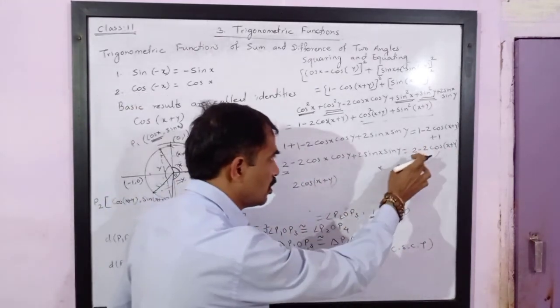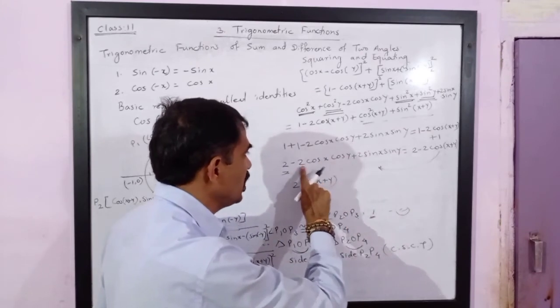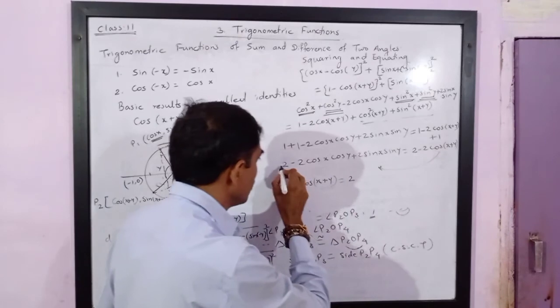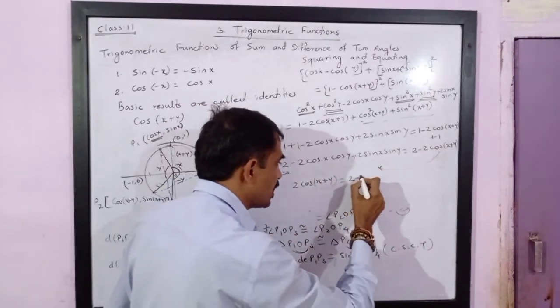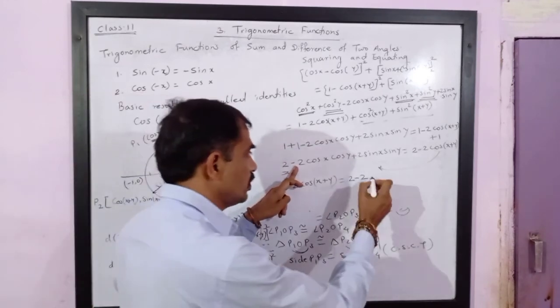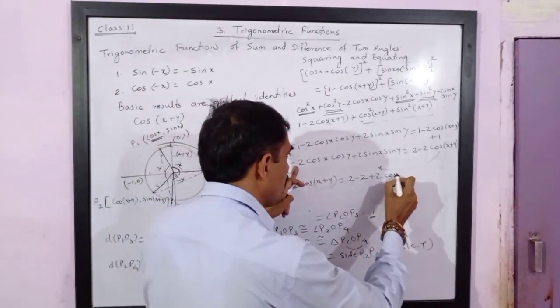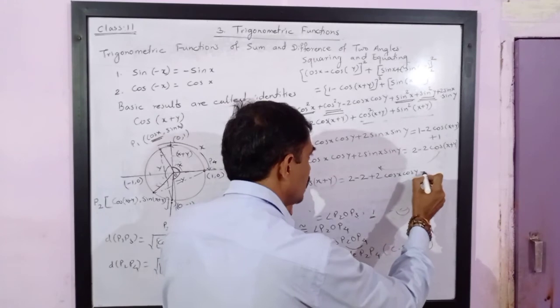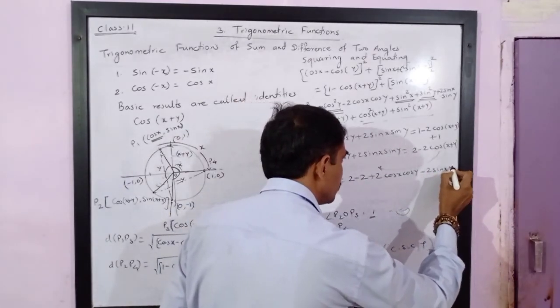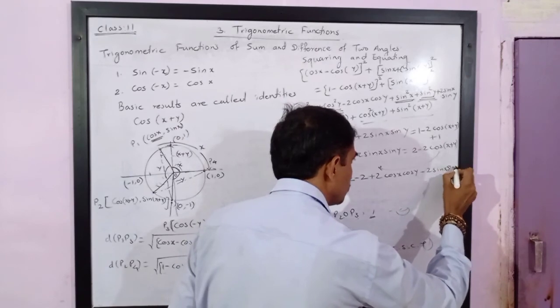Now I am transposing all these terms to that side. So this is equal to this 2 as it is. Now if this 2 is transposed to that side, it will become negative 2. This will become positive, plus 2 cos x cos y. This becomes minus 2 sin x sin y.